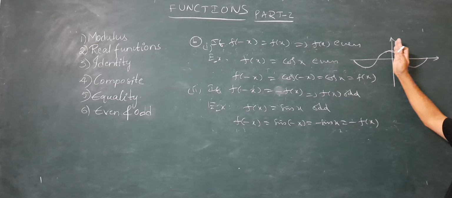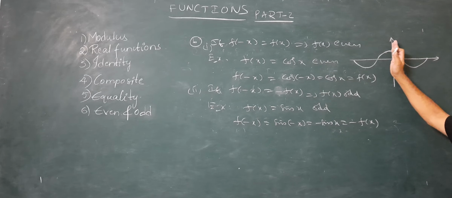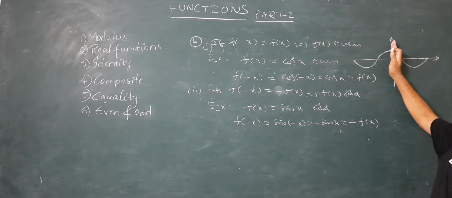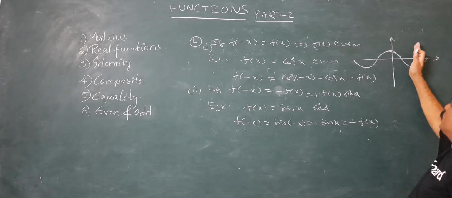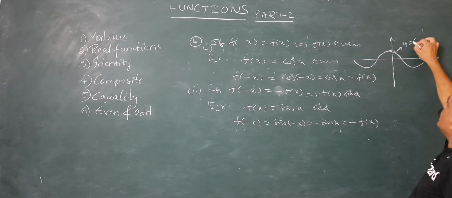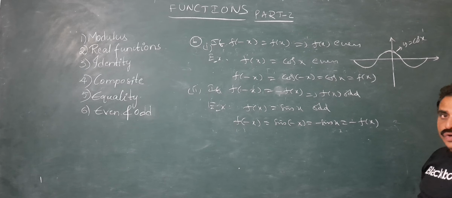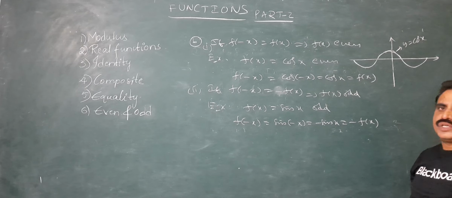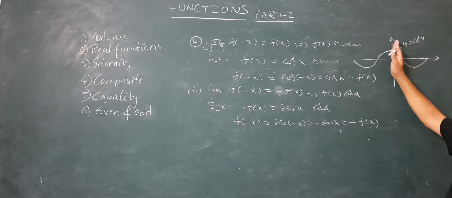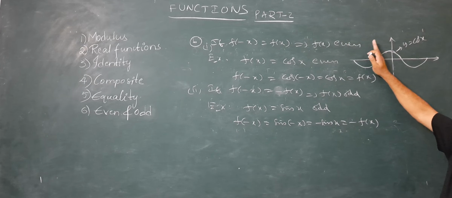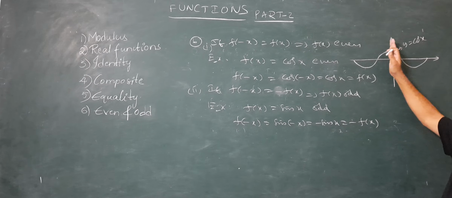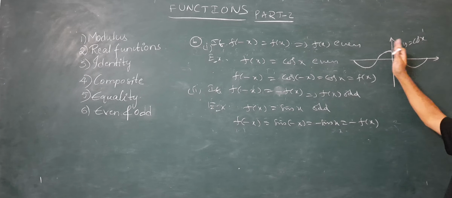Clearly, the left side of the y-axis is the same as the right side. It is the graph of y equals cos x. So every even function is symmetric about the y-axis. The left side part is the same as the right side part.